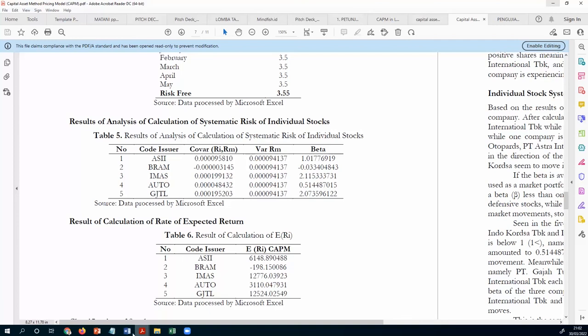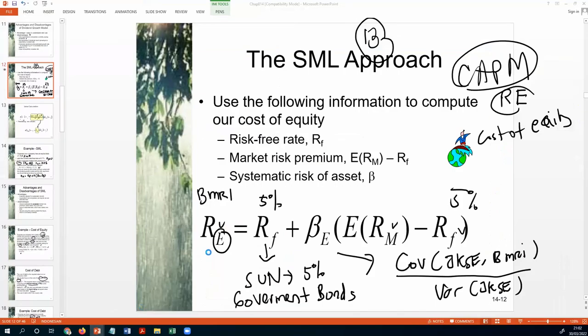The capital asset pricing model is risk-free plus the beta times the return on the market minus the risk-free.